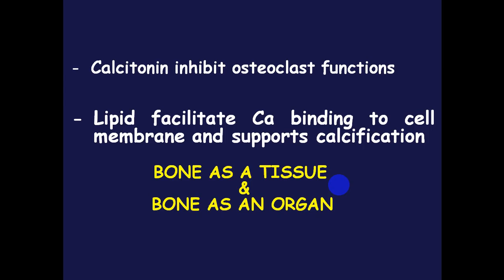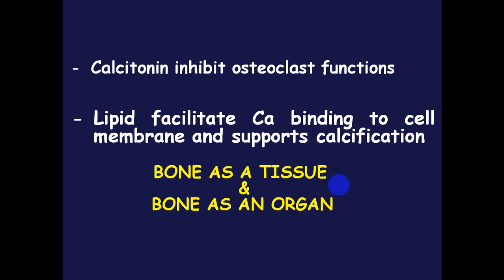Then the hormone that also regulates the function of osteoclasts is calcitonin. If PTH activates the osteoclast, calcitonin will inhibit the functions of osteoclasts. As you know, PTH, or parathyroid hormone, is very important for calcium uptake from the bones.